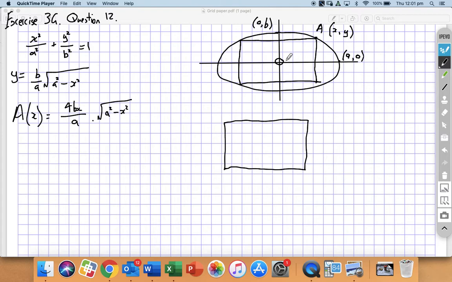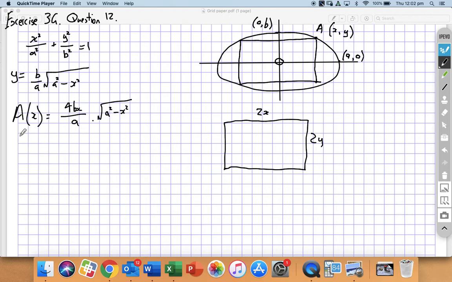And the rectangle's length there, or you can think of it along the axis here, would be 2x. And the height of that rectangle would be y. This would be down here at x and minus y. So there's a distance there of 2 y's. Okay?